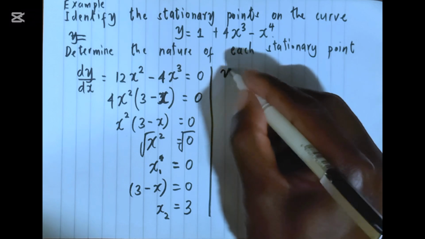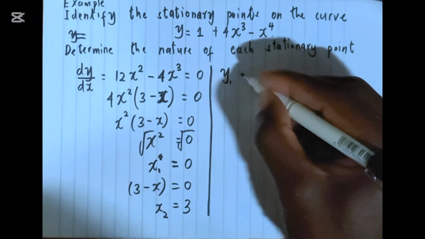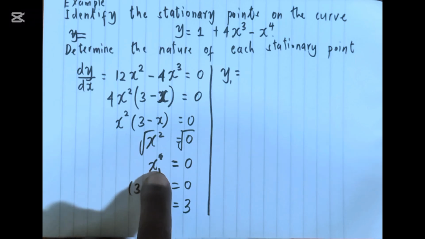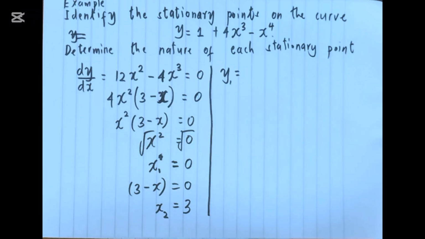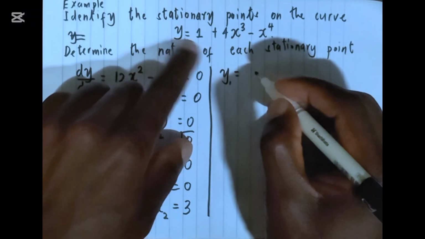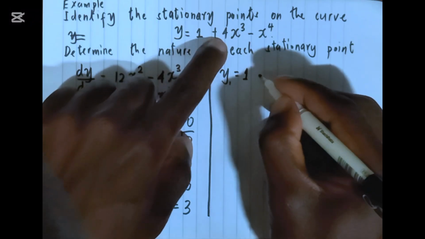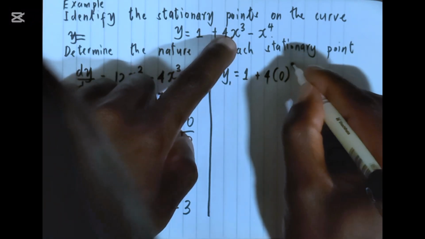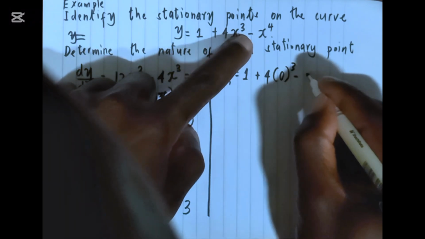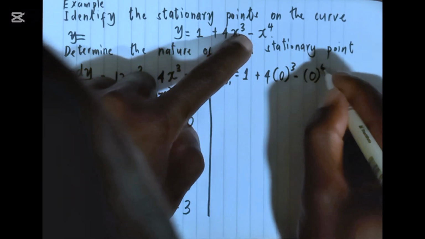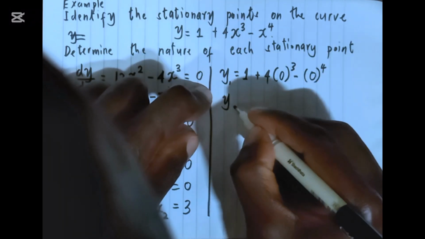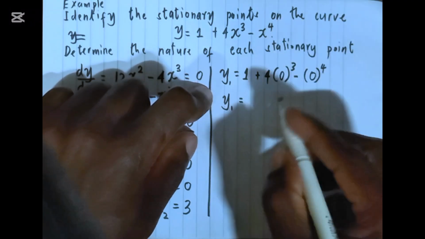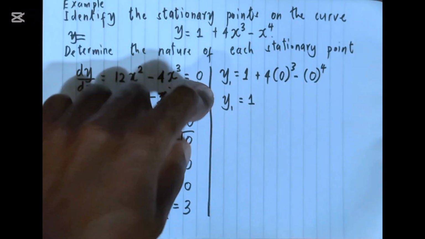Okay, so we are going to find the value of y1, and for us to find the value of y1, we are going to use the value of x1, which is now equal to 0. So y1 will be equal to 1 plus 4 into 0 cubed minus 0 raised to 4. And so notice here that any number multiplied by 0 is 0, so our y1 will be equal to 1.